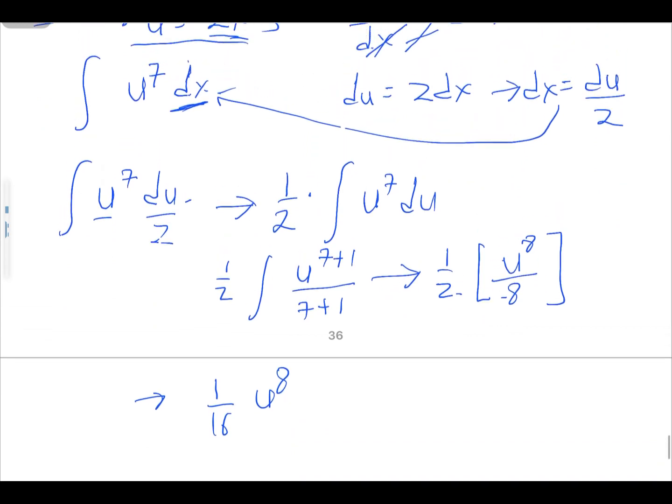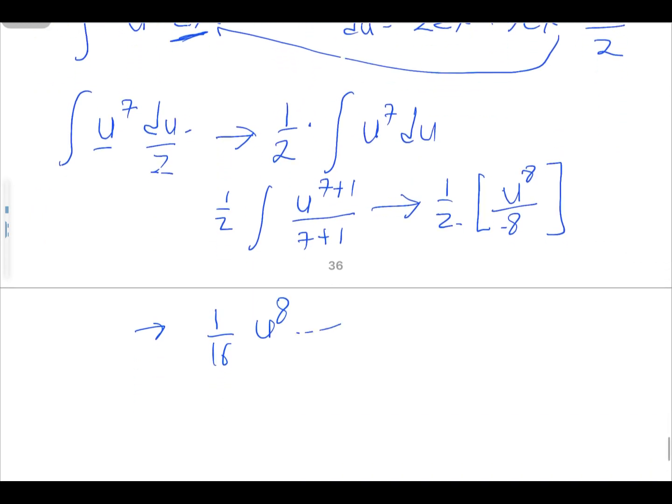So if U equals 2x minus 3, we need to replace everything so that we can come back to the x domain. And therefore, we have 1 over 16, and then U is 2x minus 3, and then the power is 8. So now, this becomes our final answer.